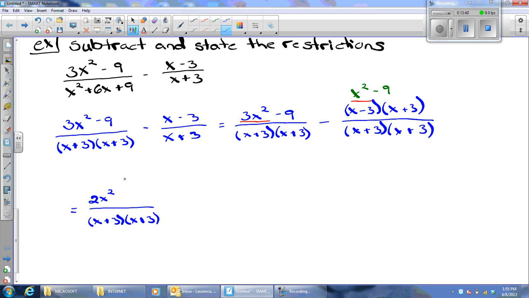So 2x squared is my only term in the numerator, and that is my final answer. Okay, and my restrictions are x cannot equal negative 3. And that is it. So I will see you guys in class.